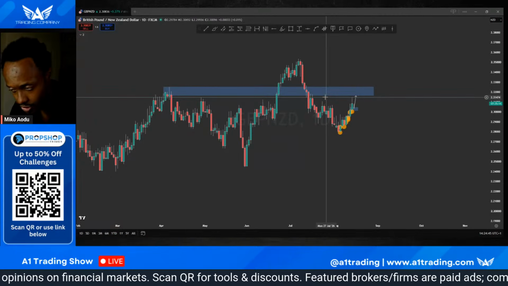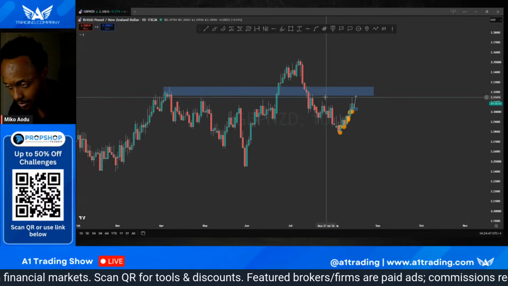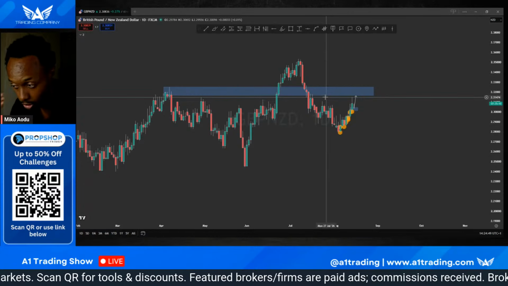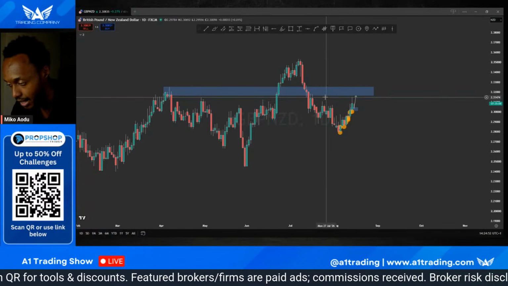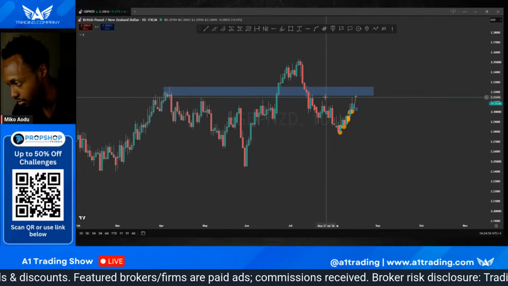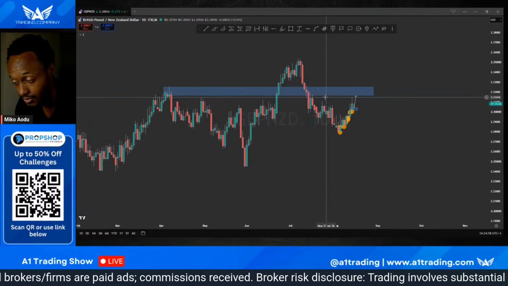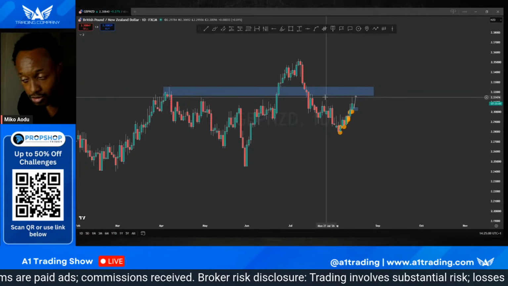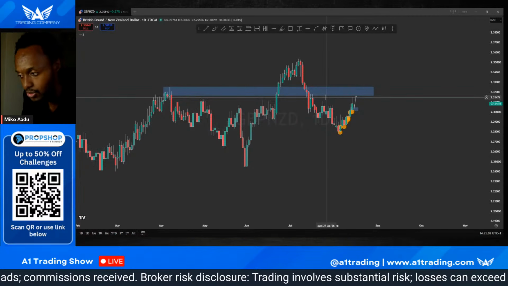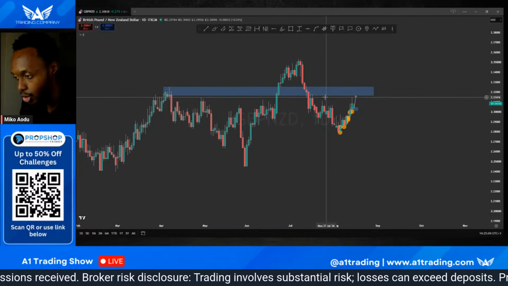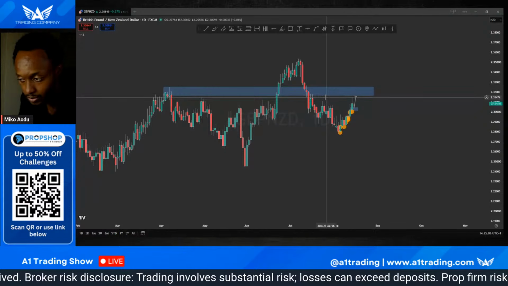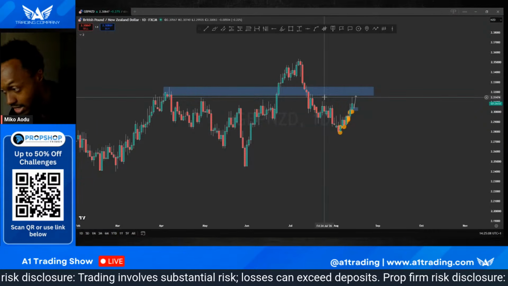That gives you a nice step-by-step plan to actually trade, because you don't want to just come into the market and buy and sell because things look bullish or bearish or whatever. You always want to have that narrative, that bias of what you're expecting to happen. You could be completely wrong, but at least you've got logical evidence to support why the market is likely to do this rather than that.